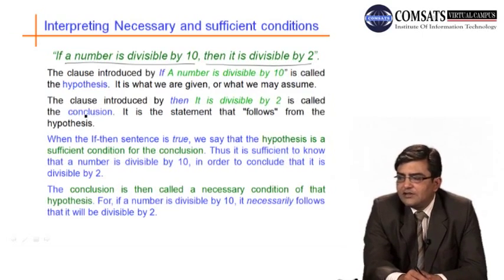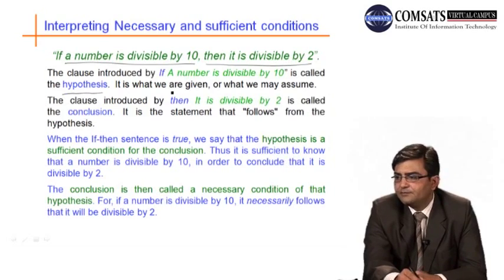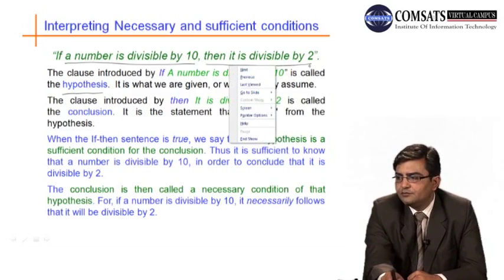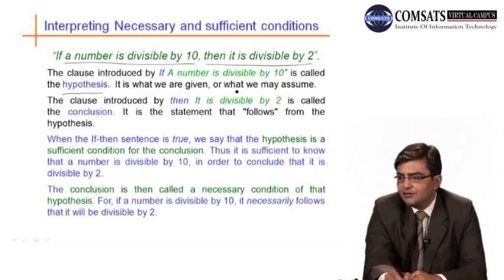What is the hypothesis here? The hypothesis is that a number is divisible by 10, as I have told you earlier. And what is the conclusion? That number will be divisible by 2. So this is the conclusion.